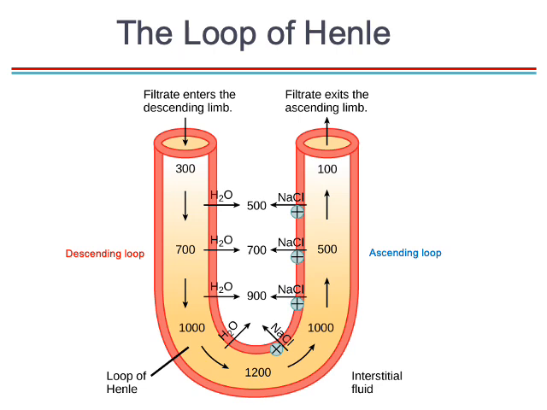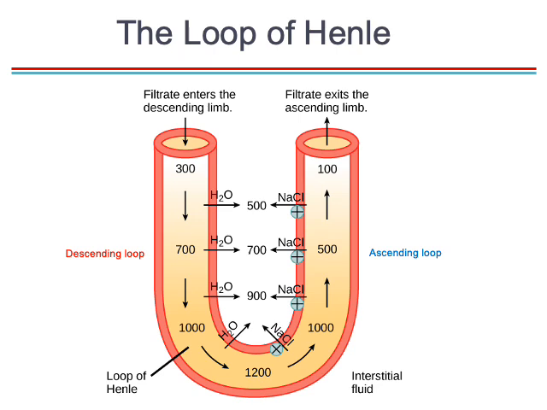Welcome to the world of concentration. This occurs in the loop of Henle. If you remember from previous slides, the loop of Henle descends deep and deep into the medulla, and the medulla is where a very salty osmotic gradient occurs. The function of the osmotic gradient is to drive water out of the descending loop via osmosis.